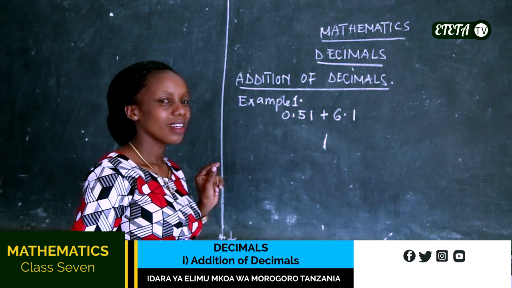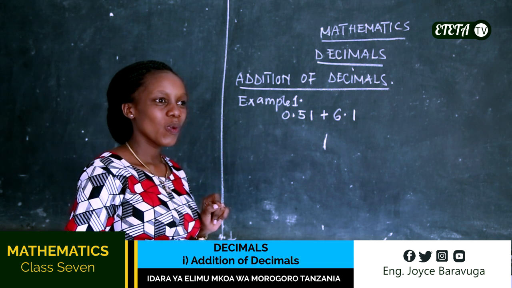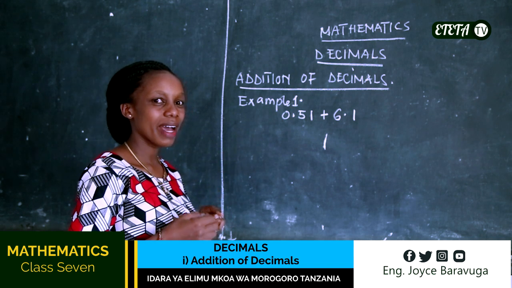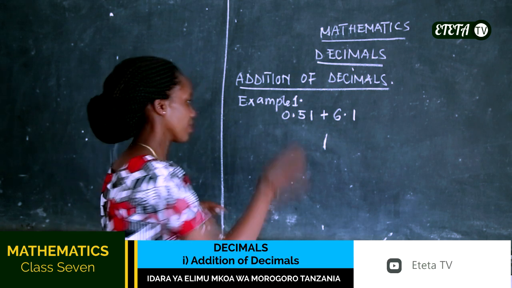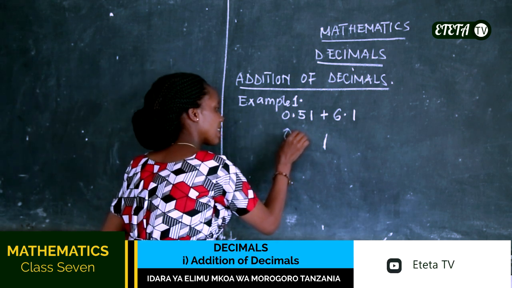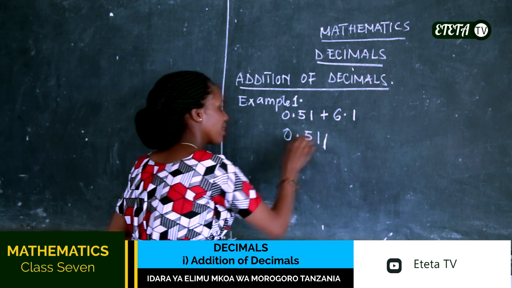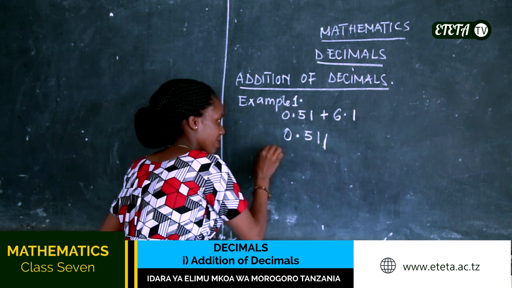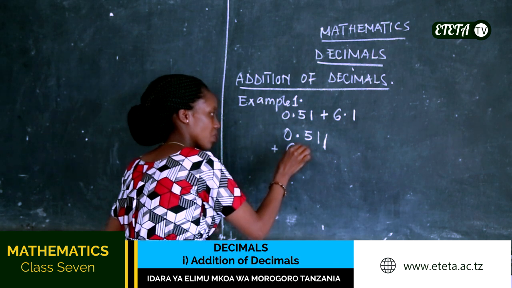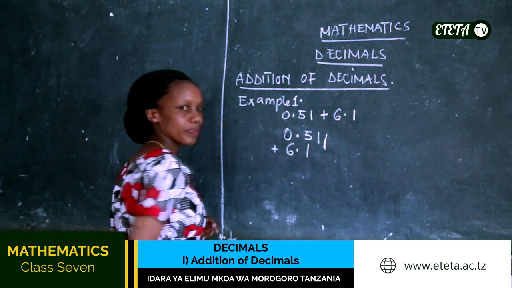0.51 plus 6.1. In addition of decimals, we must make sure that we arrange the numbers in column form, such that 0.51 plus 6.1.